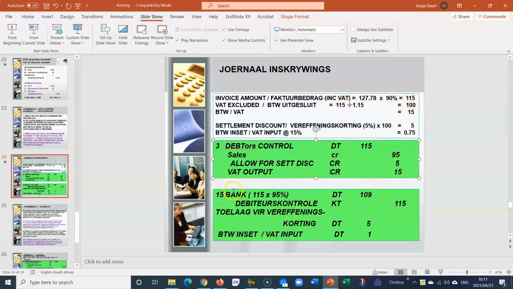This guy pays now in time to make use of the settlement discount. So what's happening? I'm going to receive now 95% of the invoice amount. So 115 times 95% equals 109 Rand. Let me just put that.